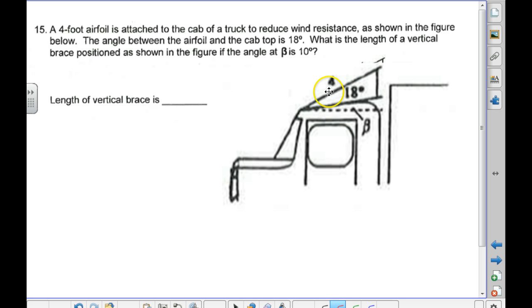They want the wind to go up and over the back of the trailer. So this is 4 foot. This side right here is the top of the truck, and the angle made between the top of the truck and the airfoil is 18 degrees. We are trying to find this little brace over here. The part that's confusing is what this 10 degrees is telling us. The beta is 10 degrees, and it's telling us that it's 10 degrees above the horizontal.